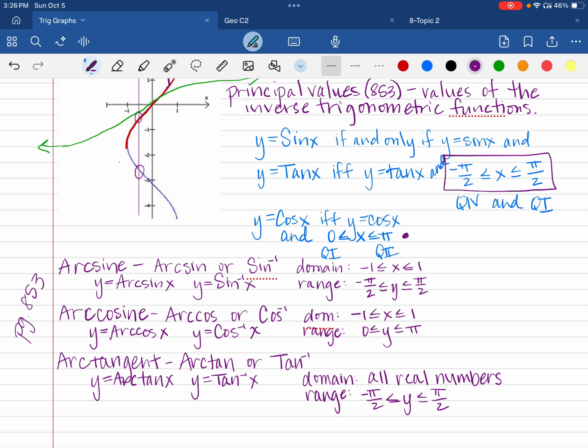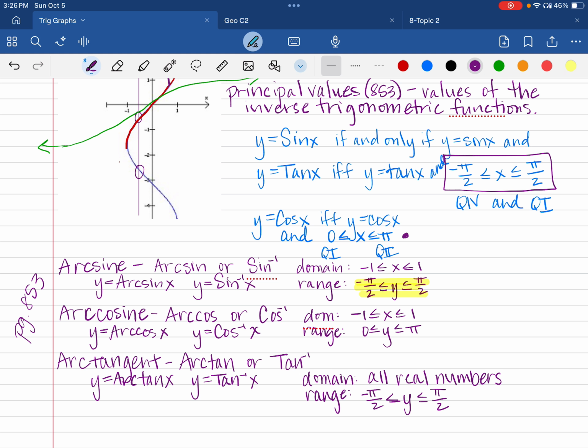So whenever we do the inverse sine, inverse cosine, inverse tangent, you are going to get values that are within these ranges on the calculator, and that's mostly what we're going to be doing today, is using the calculator to evaluate these things. If I do inverse sine of something, I'm always going to get back a value that is between -π/2 and π/2.